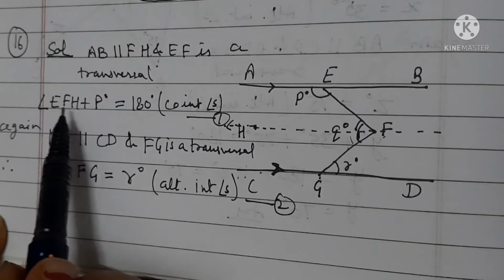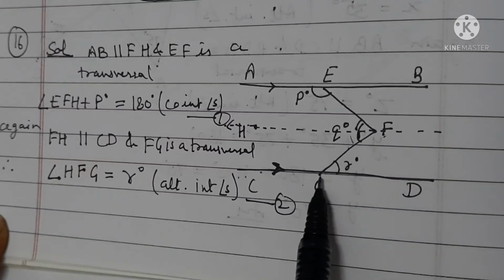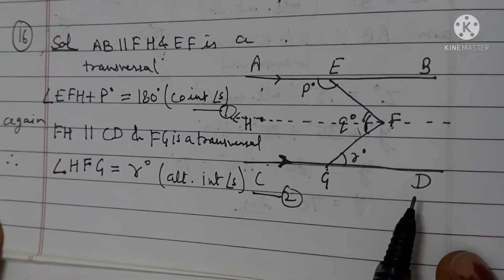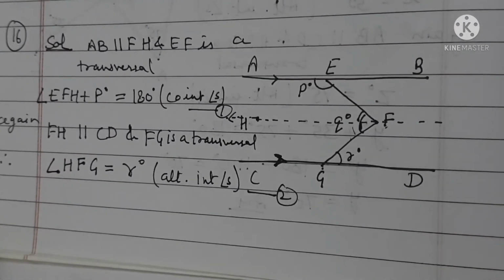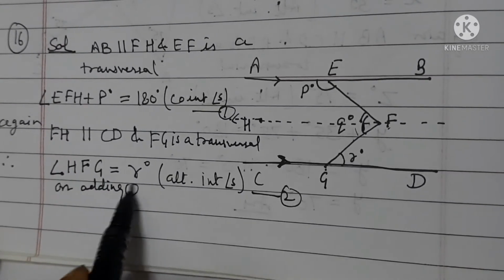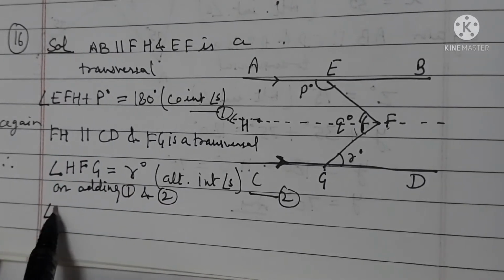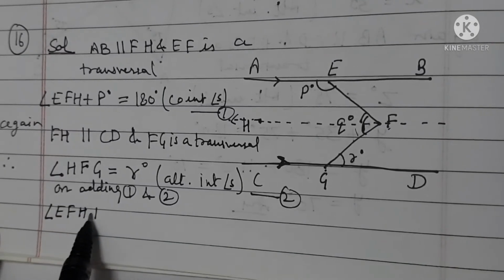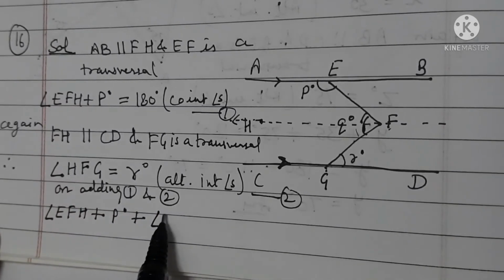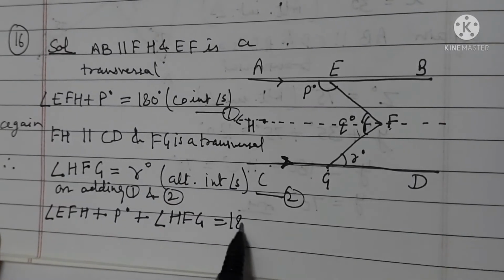So angle EFH plus HFG. On adding first and second, angle EFH plus P degrees plus angle HFG is equal to 180 degrees plus R degrees.